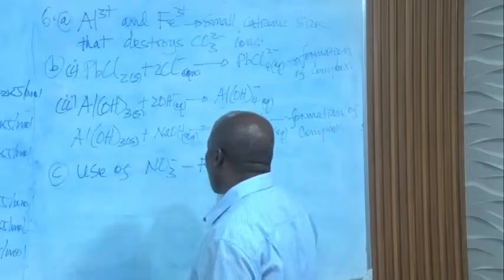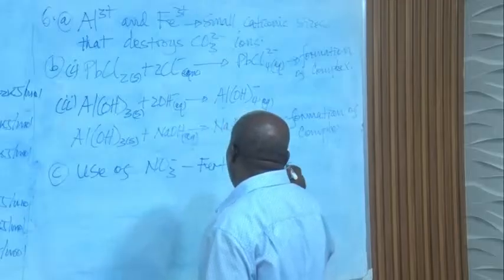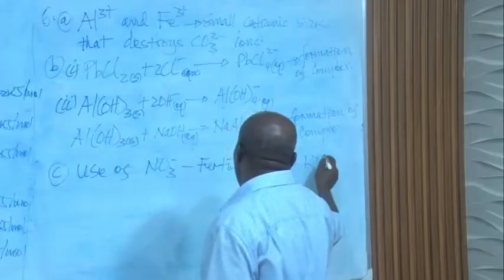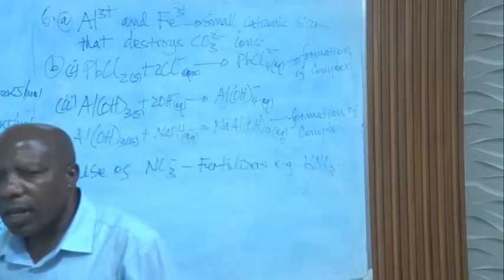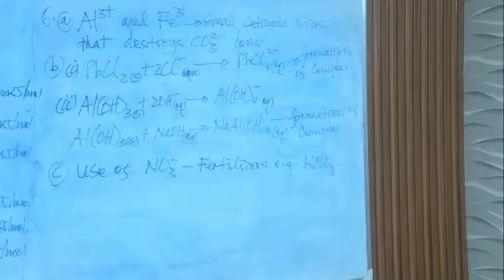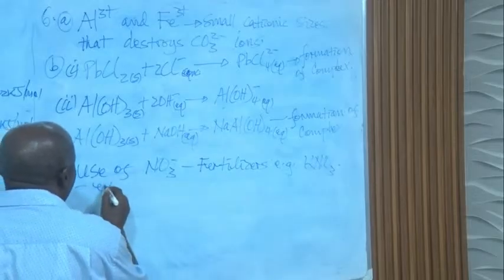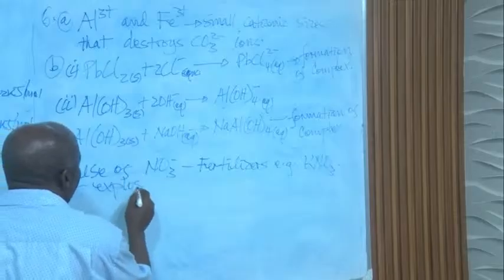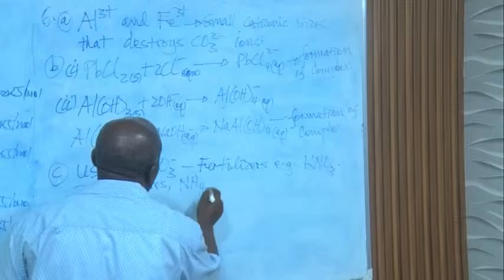They can be used as fertilizers. For example, potassium nitrate or sodium nitrate. This can be used, and the nitrates are nitrogenous fertilizers. Then another one is that they can be used as explosives. For example, ammonium nitrate.